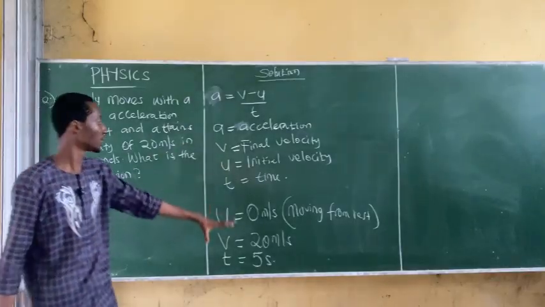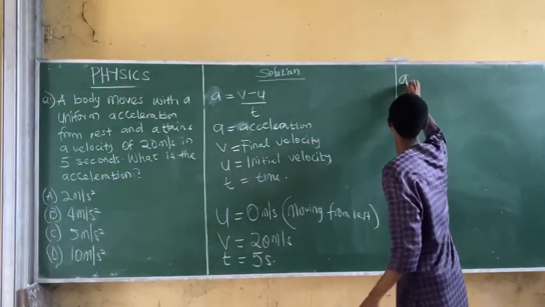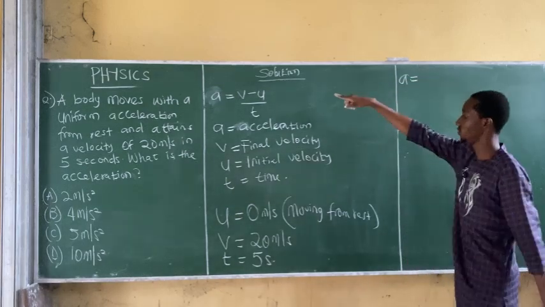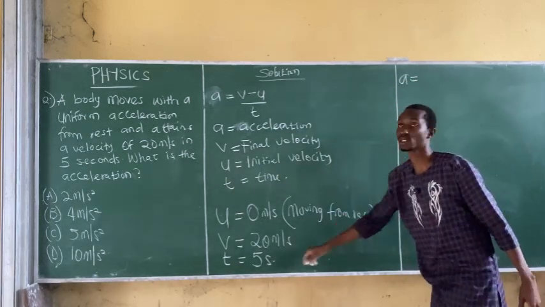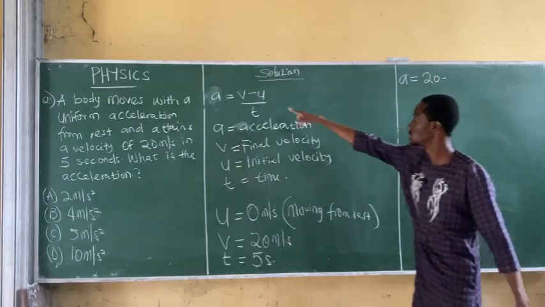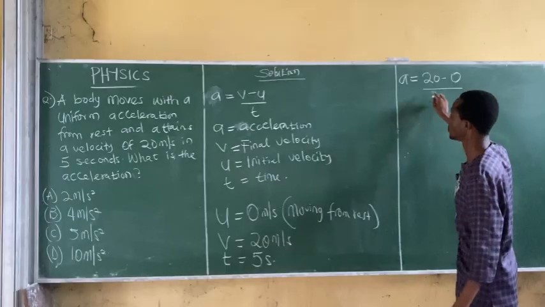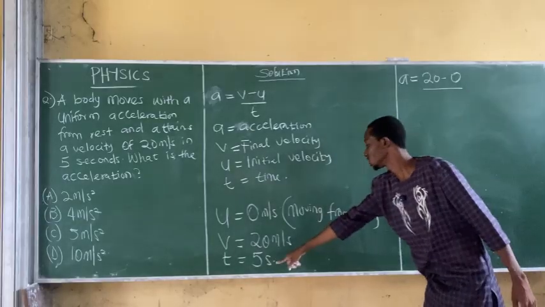Now let's input these values into this formula. We have A is equal to V, which is 20 meters per second, minus U, which is 0, divided by time t, which is 5 seconds.